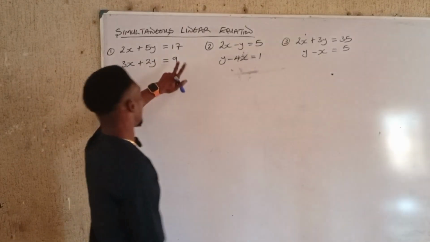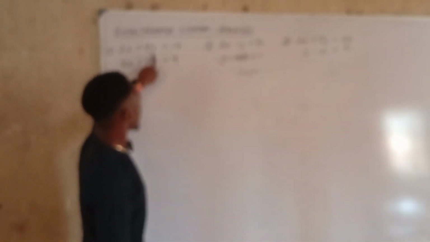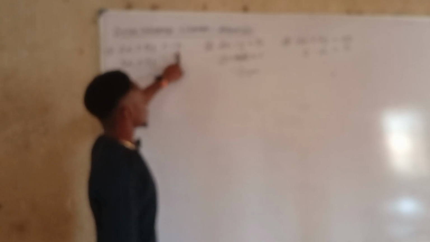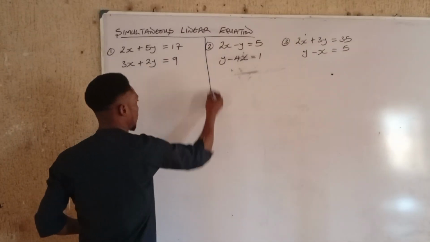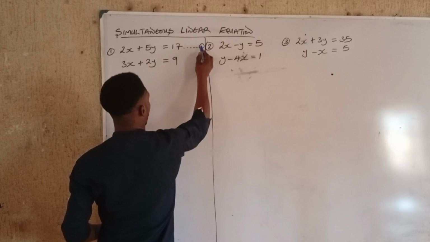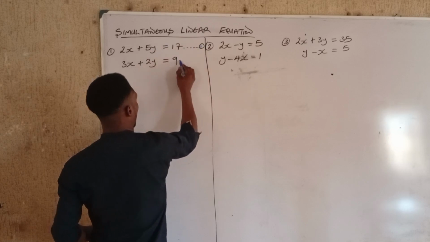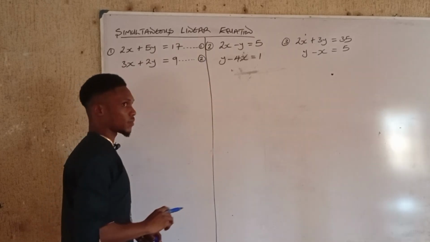Let's go. Example 1. We have 2x plus 5y equal to 17 and 3x plus 2y equal to 9. This is my equation 1, that's the first equation, and the second equation is my equation 2.